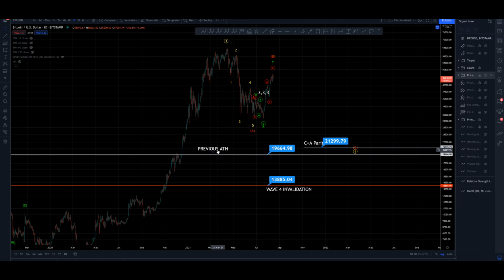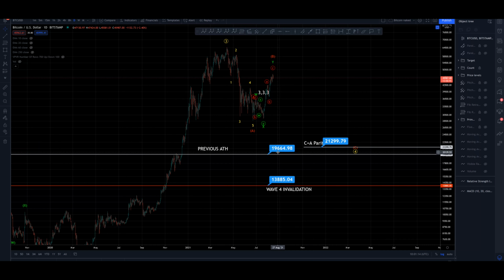But the day may come when that does happen, so we have to be a little bit more open-minded. Therefore we consider it a potential area of support. Previous all-time highs, if we're willing to do it in equities markets and other markets, we should be willing to consider it here in crypto. We just have to keep in mind the young nature of the asset, and therefore why assuming that it will never happen could be a mistake.